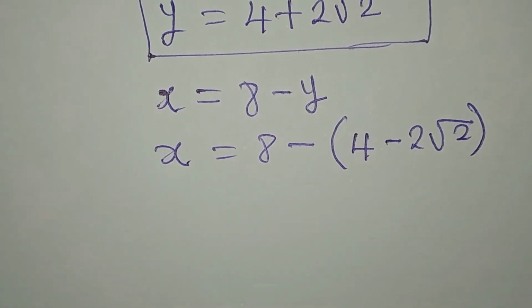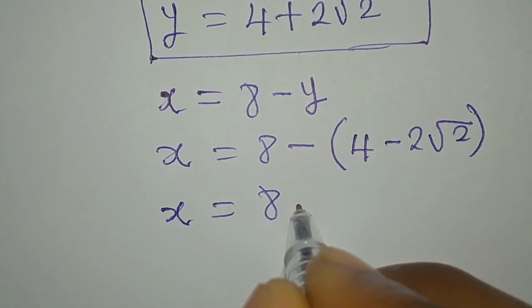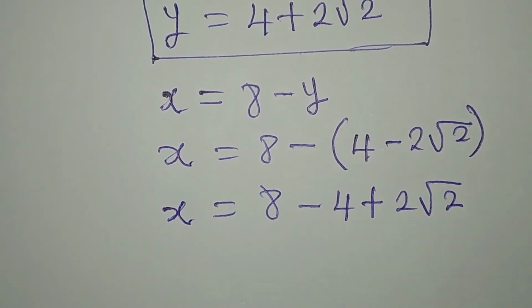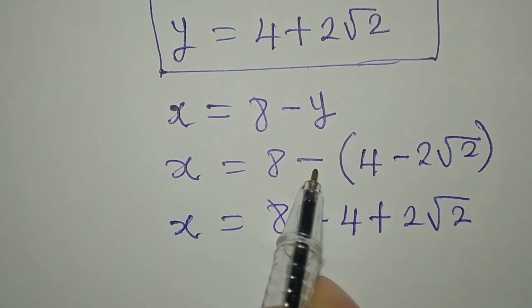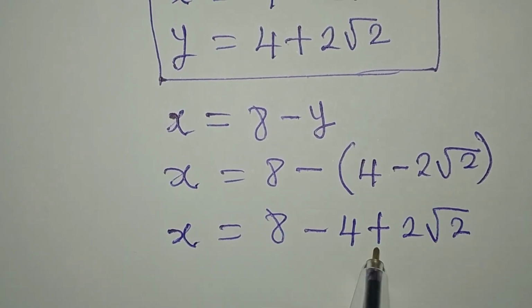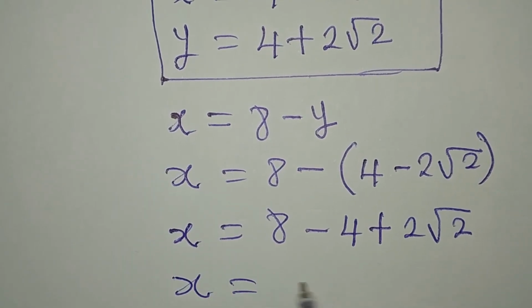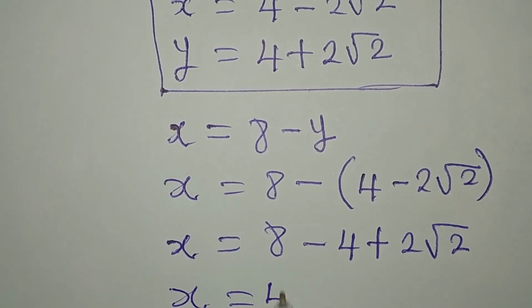If you open the bracket, we have x equal to 8 minus 4 plus 2 root 2, because negative times 4 is negative 4, negative times negative 2 root 2 will give us positive 2 root 2. And now x is equal to 8 minus 4 is 4, then plus 2 root 2.